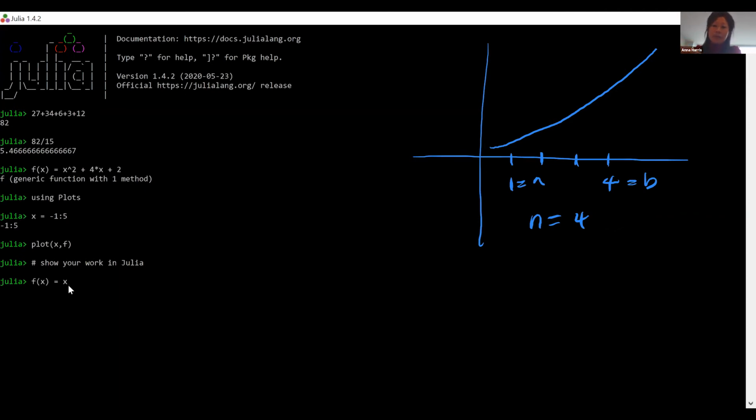The example that we're going to do is x squared plus 4 times x plus 2. That's the problem. Then I'm going to tell you what a to use: a to be 1. I want you to use b to be 4, and I also want you to use n to be 4.